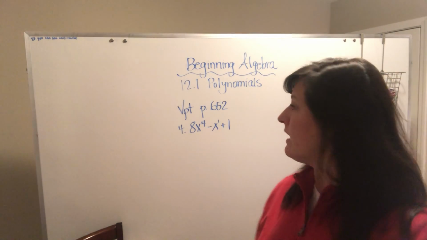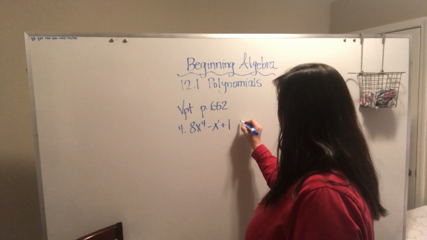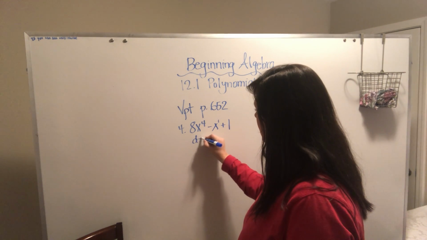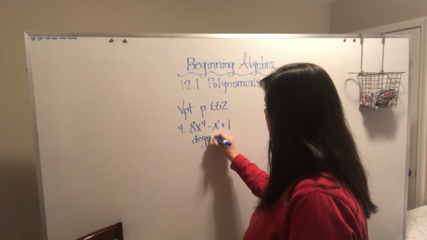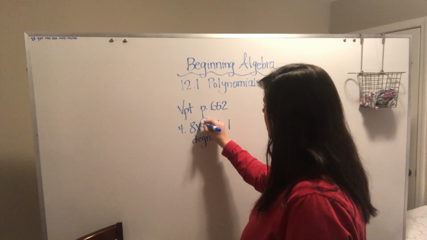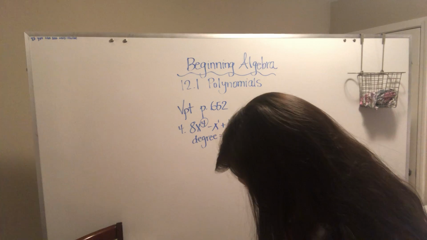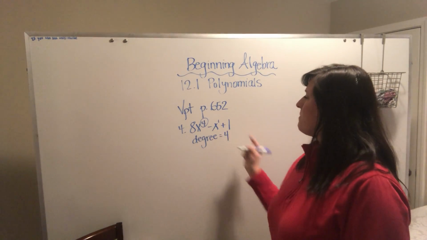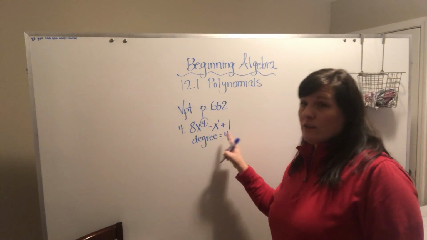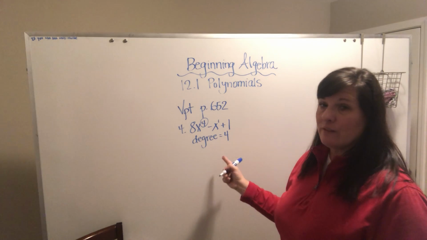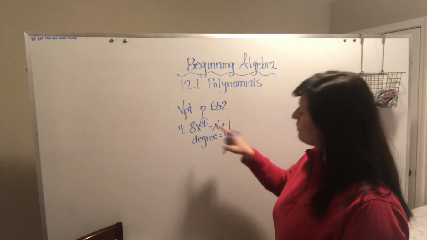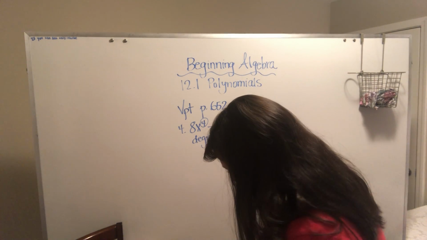It's 1, right? What's the degree of this polynomial? The degree is 4, because that is the highest exponent of that polynomial. It's a trinomial, in fact, if we had to classify it. But what they're asking is what's the degree? So you're looking at exponents.